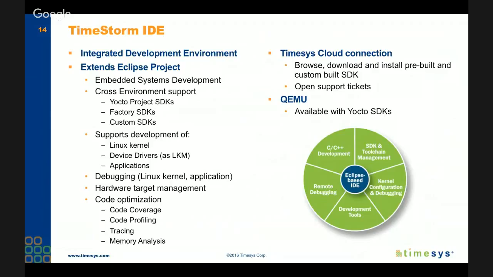You can take a look at the execution timeline through tracing, and the tool also helps you find memory leaks, potential memory leaks, which, as we all know, can be a hassle in an actual product that you deliver to the market.